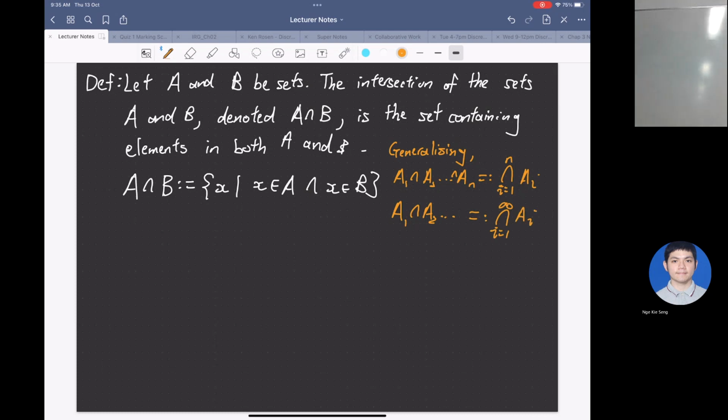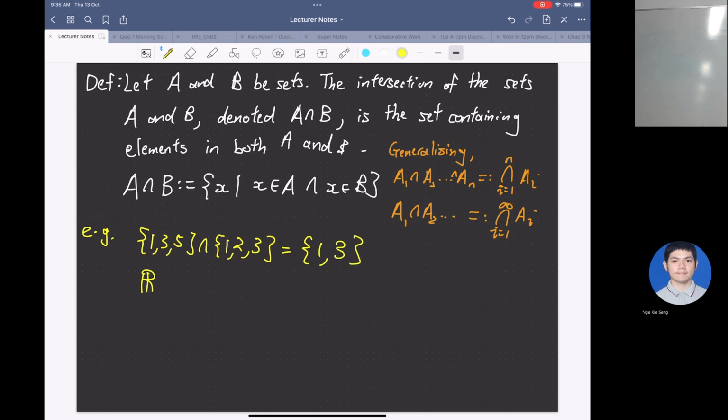Okay, let's look at examples again. So let's take the same sets and intersect them. So what do you get? 1, 3.